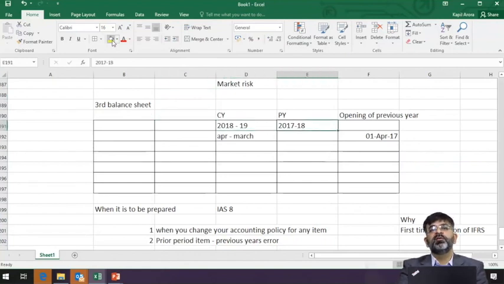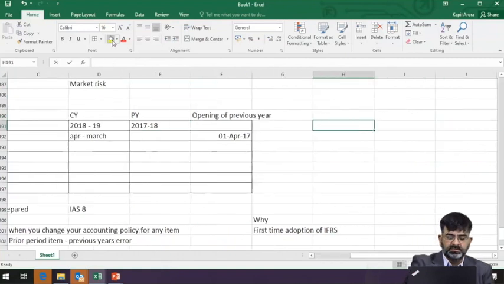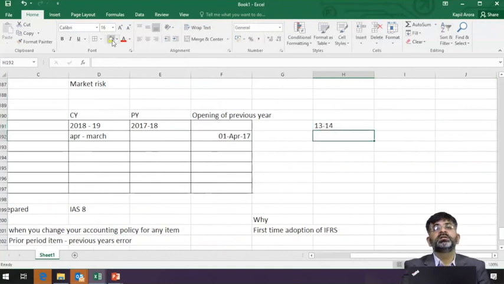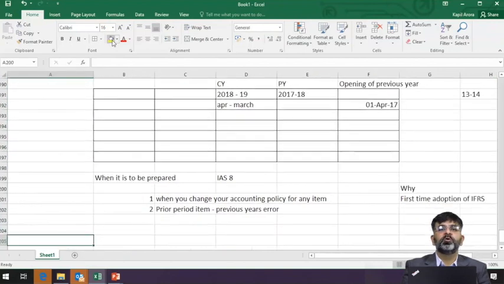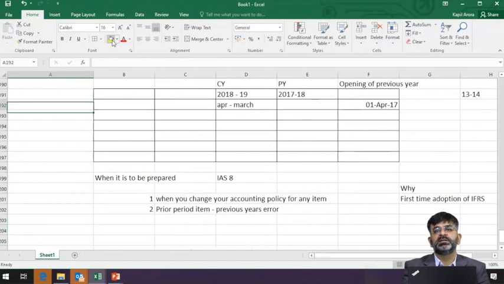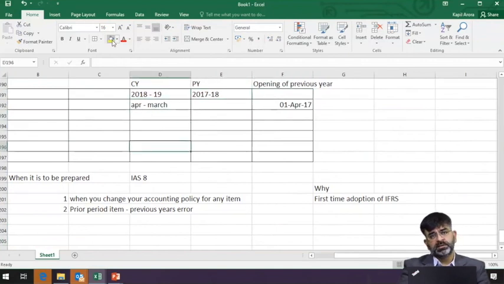Let's assume you have made an error in year 2013-14. Now to correct that error, you cannot correct that error in the current year. To correct that error, you need to now open a third balance sheet, which is 1st April 17, and the error would be corrected in the third balance sheet, not in the current year. That is the requirement as per IAS 8.